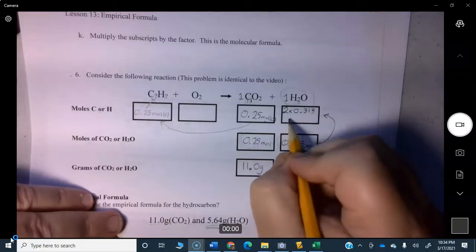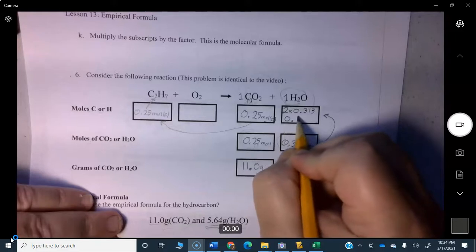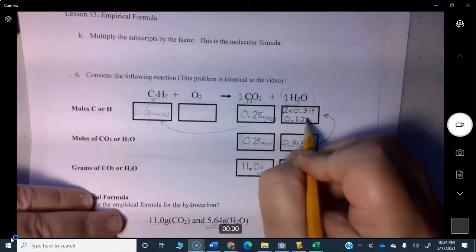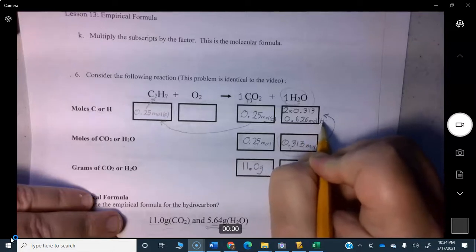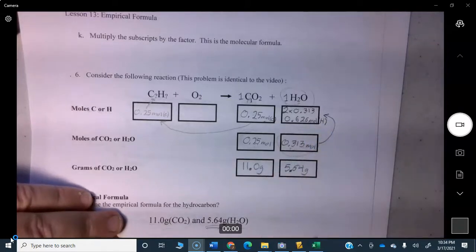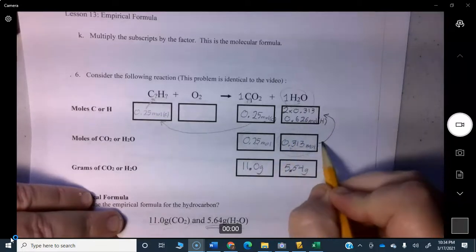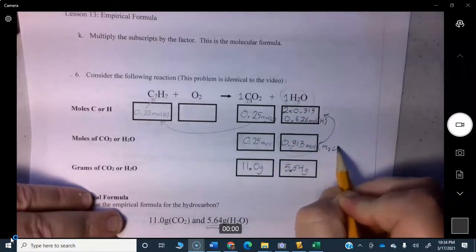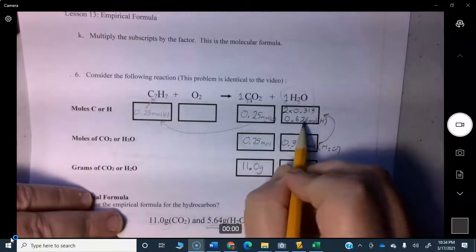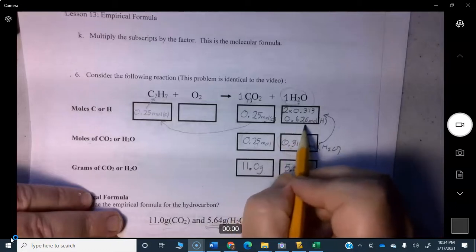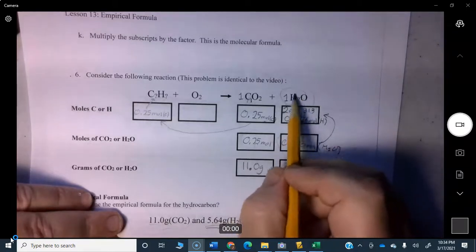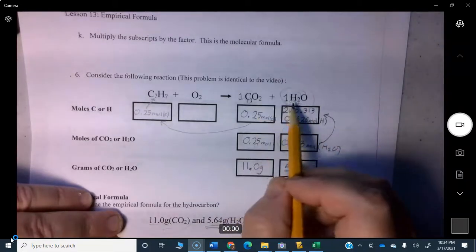And that's going to give us 0.626 moles of hydrogen. Okay, this is moles of water. So write that here, H2O. And twice that number there is moles of H2. So this number of moles of hydrogen, it's all the hydrogen that's over here on the right side of the equation.